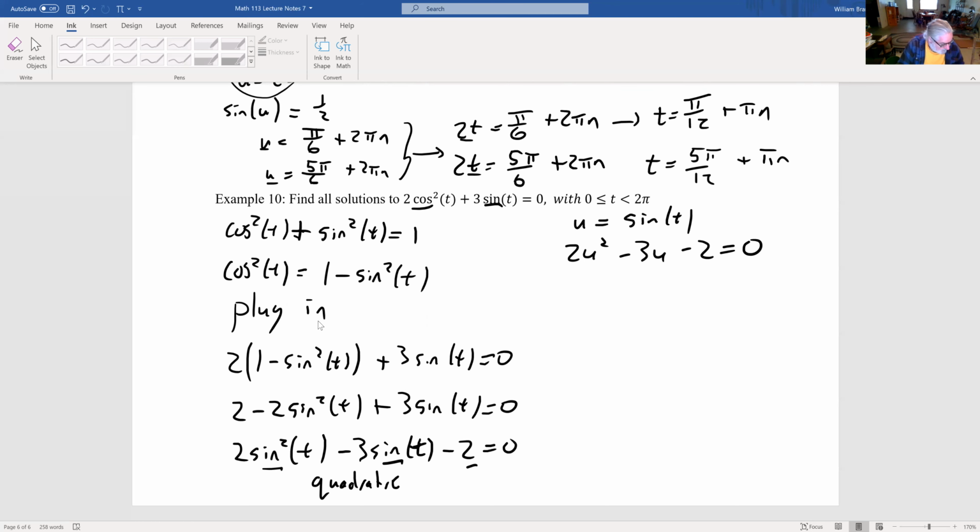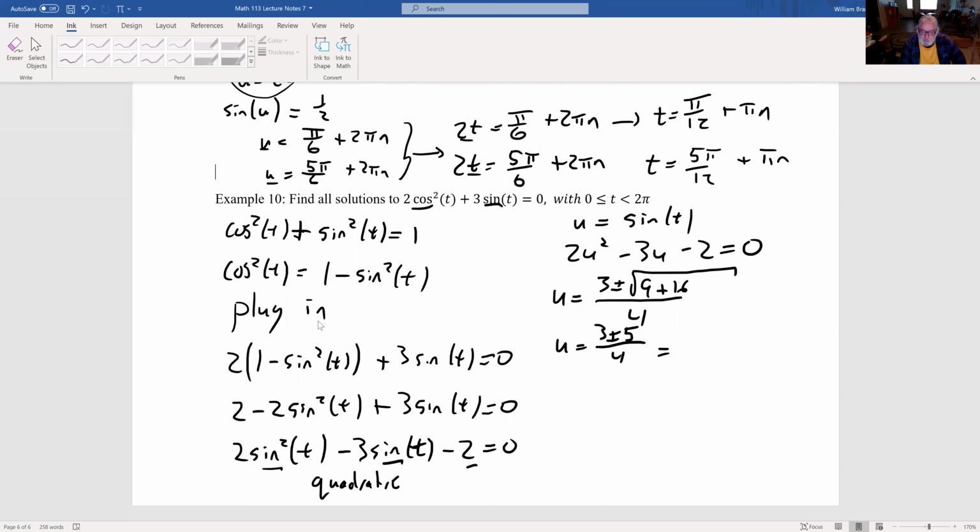And then we can solve this for u using the quadratic equation. 3 plus or minus the square root of b squared, which is 9, minus 4ac. So minus 4 times a is minus 8, times a minus 2 is actually a plus 16, all over 4. Nine plus 16 is 25, and square root of 25 is 5.